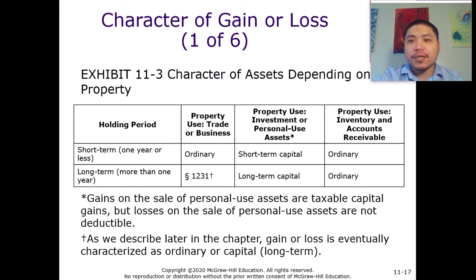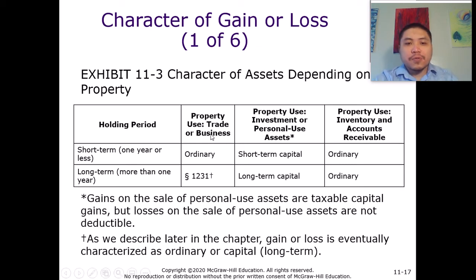Depending on the holding period and the use of the properties, we can characterize the gain and loss into six groups, as you can see here.